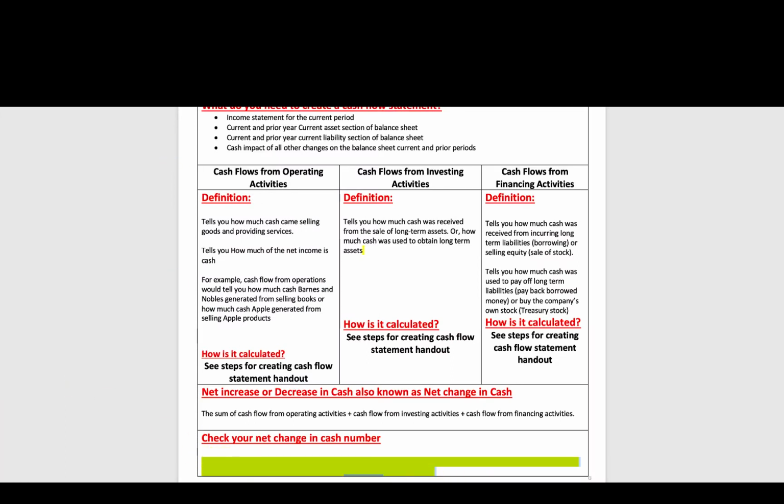Just like on the balance sheet, where you can compare assets to liabilities and equity to make sure your balance sheet balances, on the cash flow statement you take operating plus investing plus financing, and you get the net increase or decrease in cash. That number should also equal the difference between the beginning cash balance and the ending cash balance.